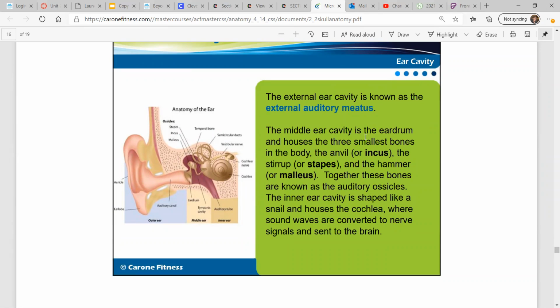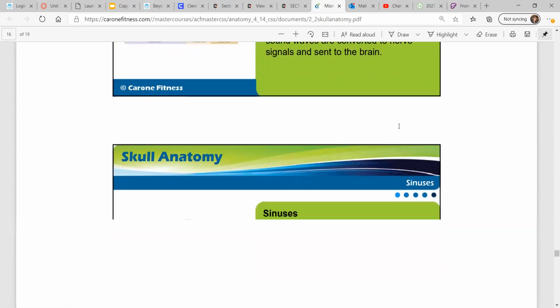Together, these bones are known as the auditory ossicles. The inner ear cavity is shaped like a snail and houses the cochlea. I like cochlea. Where sound waves are converted to nerve signals and sent to the brain.